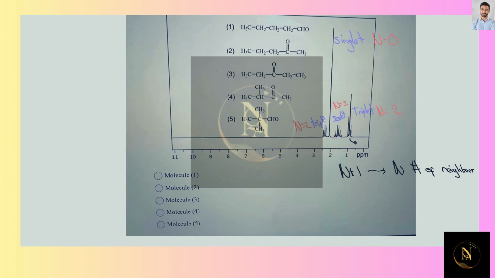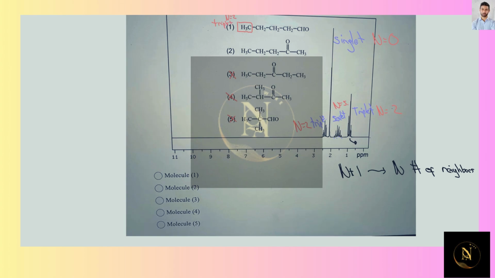As you can see, none of compounds 4, 5, nor 3 are going to have a proton with 5 neighboring atoms. The only two options that we're going to have are going to be A and B. So let's look at which signal corresponds to what. Over here, the CH3 is going to have n equal 2, so this is going to be a triplet.